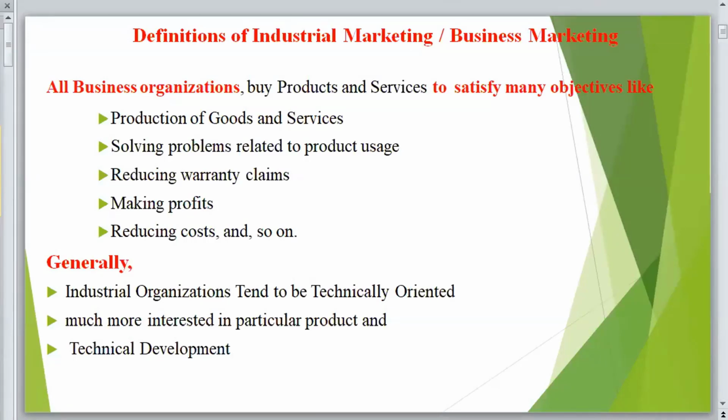In terms of purchase, industrial products are purchased in bulk amount, whereas in the consumer market in small amounts. So all business organizations buy products and services to satisfy the production of goods and services, while in the consumer market, products are bought to satisfy the individual need.